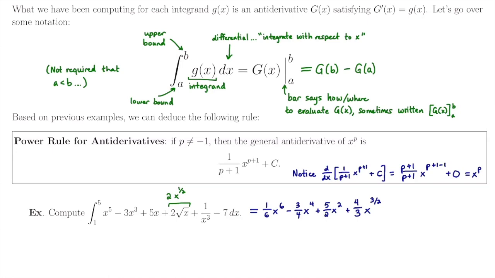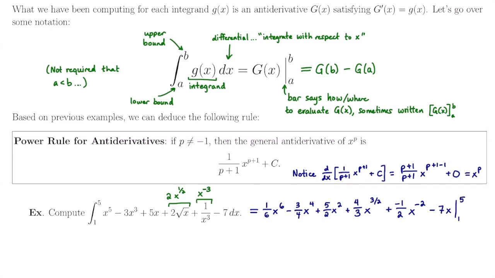When in doubt, differentiate that, see if you get back to x to the 1/2. Then the next term, 1 over x cubed, I can rewrite as x to the -3. So for the power rule for antidifferentiation, that's going to be x to the -2. Then I have to cancel out that -2, so with a coefficient of -1/2 out front, and then minus 7x. Then I write my evaluation bar to say that we're going to integrate this from 1 to 5.